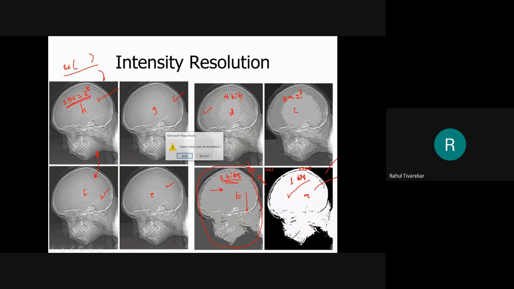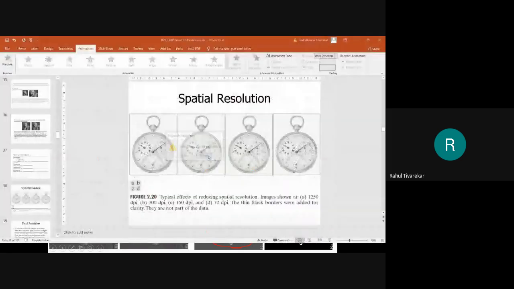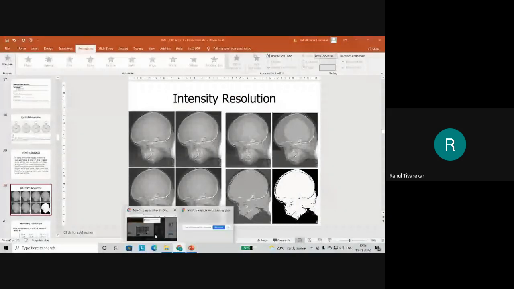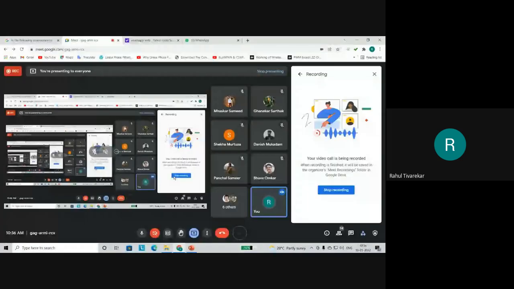If you go beyond 256 levels, the difference will not be so noticeable, and it will be like unnecessarily wasting the storage. So after 256 levels, what will be the number of intensity levels that you can have?